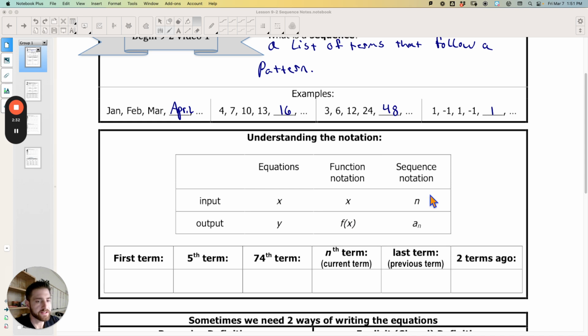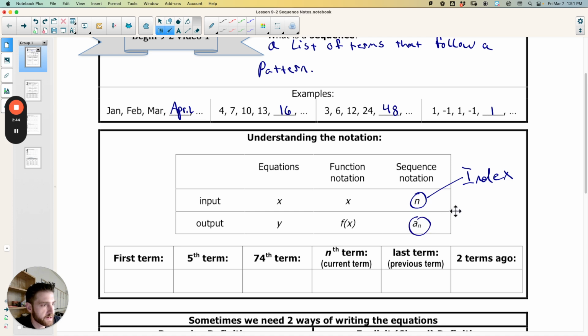And it's the same thing, it's input versus output. So n is actually going to be called the index. Okay, so this is the index. And then this here is pronounced a sub n, because n is in the subscript.